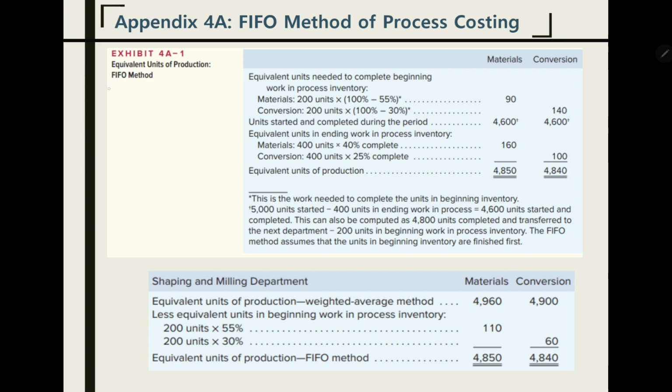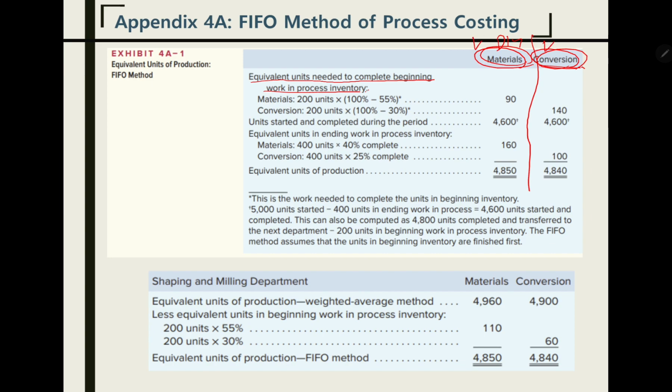So let's look at this example. Let's compute the equivalent units of production using the FIFO method. So equivalent units needed to complete beginning work in process inventory. The first column is the direct material and the second column is conversion cost. Remember that in the weighted average method as well, we computed equivalent units each for direct material and conversion cost.